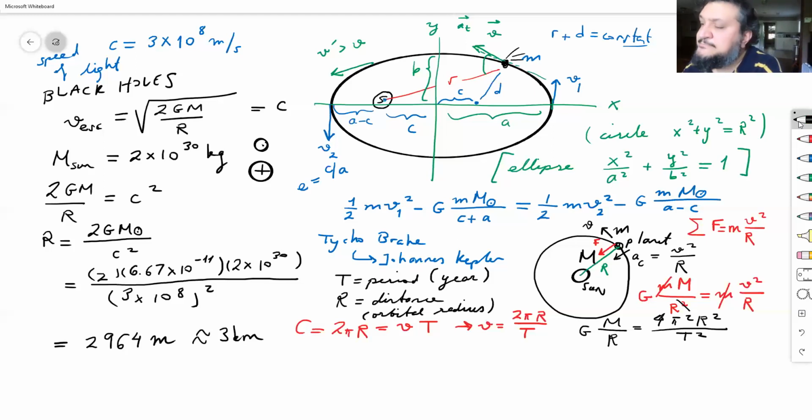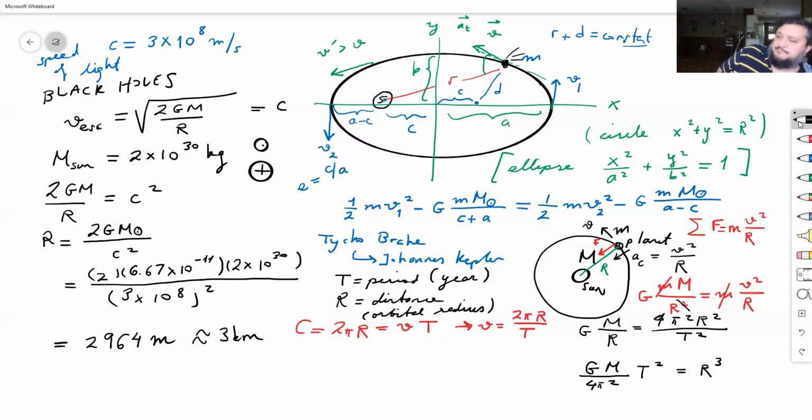So if you rearrange these, there's one r and two r's over there, which makes an r cubed. You will have GM divided by 4 pi squared times T squared is equal to r cubed.